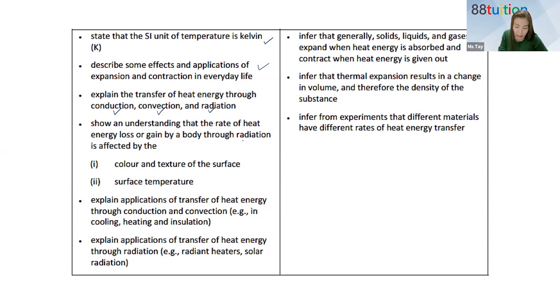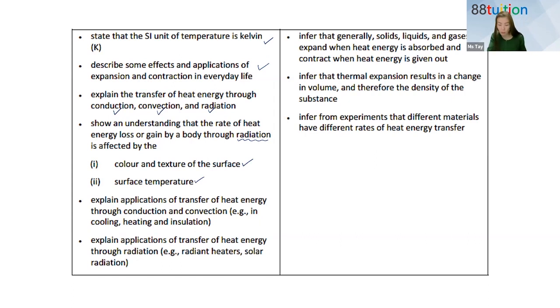Then show an understanding that the rate of heat loss or gain by a body through radiation is affected by color and texture as well as surface temperature. Then explain applications of transfer of heat energy through conduction and convection, and applications through radiation.